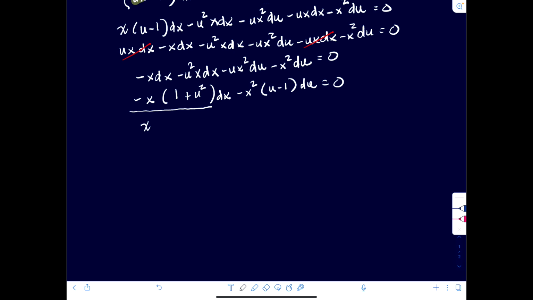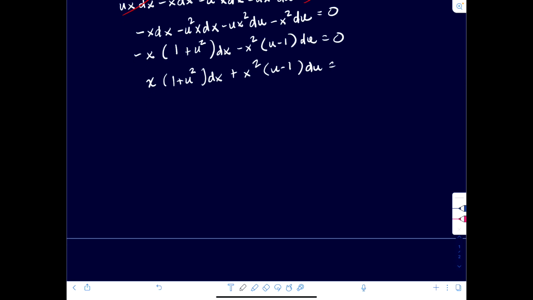So this is equivalent. I just want to get rid of all these negatives. Multiply by negative 1 on both sides, and we'll get x times (1 plus u squared) dx plus x squared times (u minus 1) du equals 0.